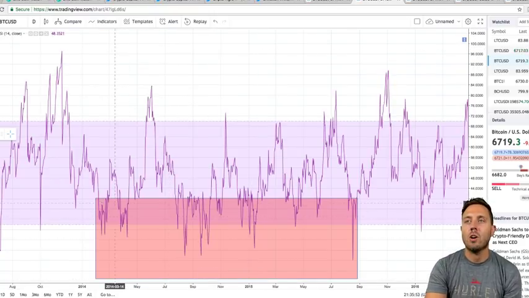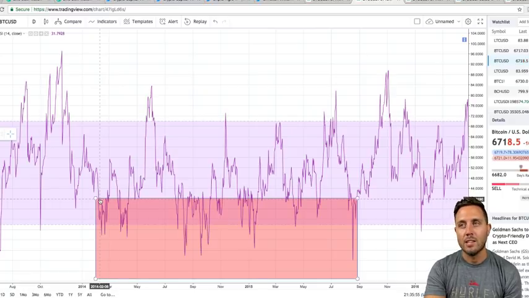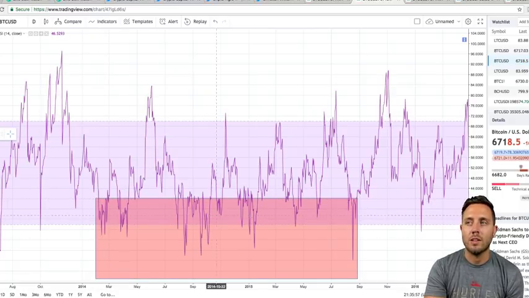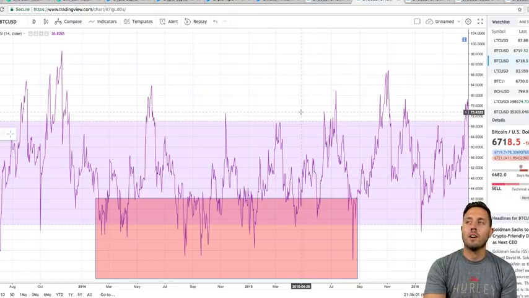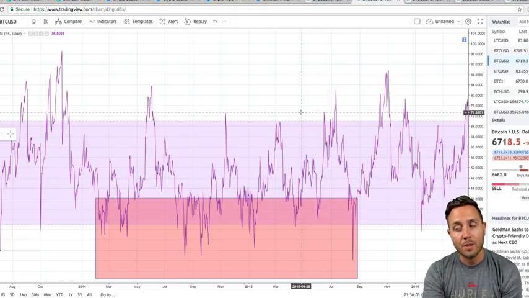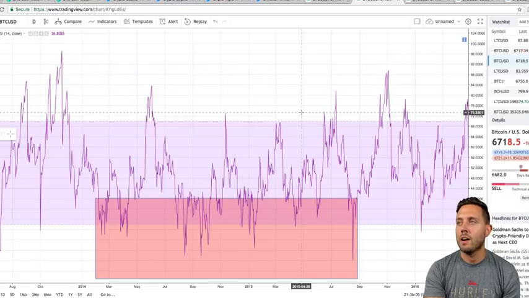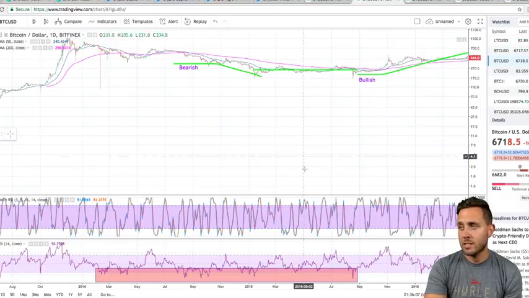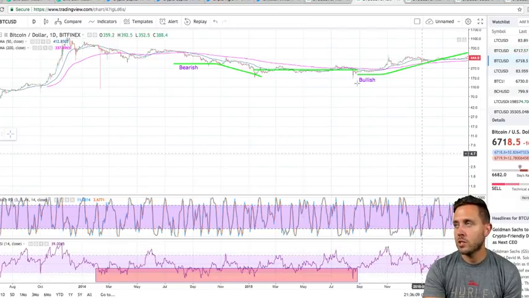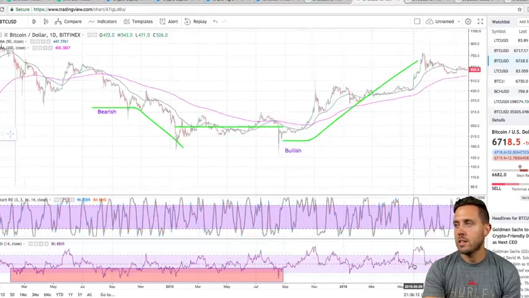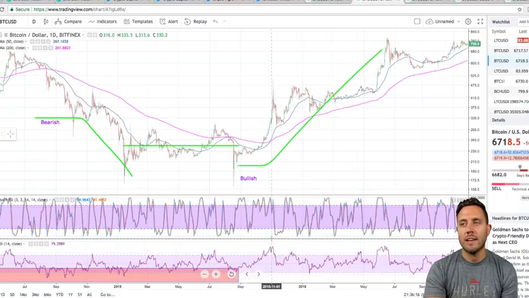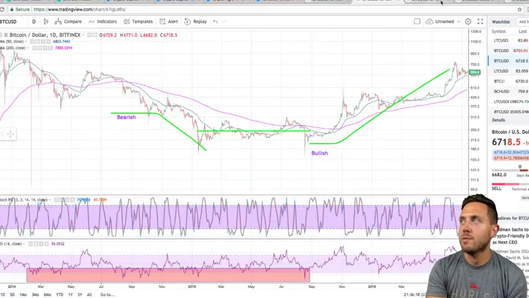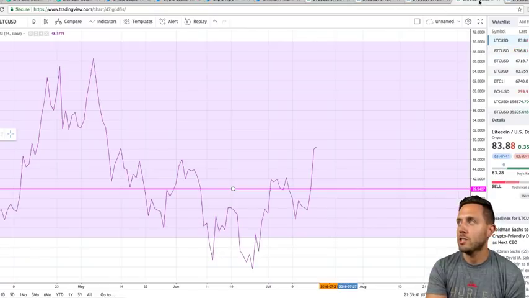You can see how often we traded below the 40. Trading below the 40 very often is a bear market scenario. That's why you want to keep an eye on where that RSI is, especially on the higher time frames, which would be the daily. And you can see after that bear market, we started uptrending, and you can see Bitcoin staying up here in that 40 to 90 area. That's why we use the RSI 40. So that's part of a recap for whoever asked that question.